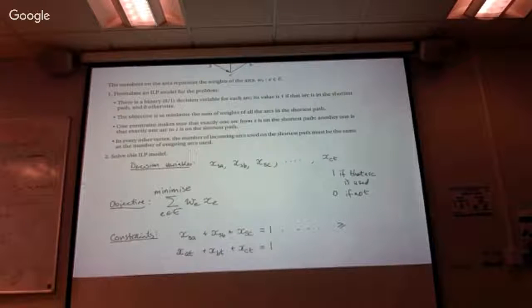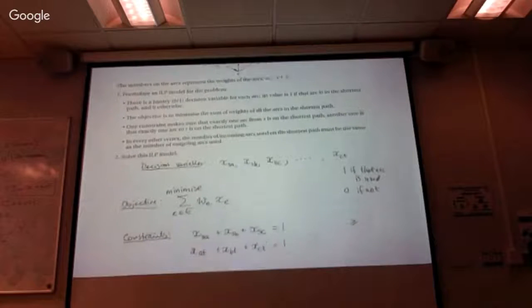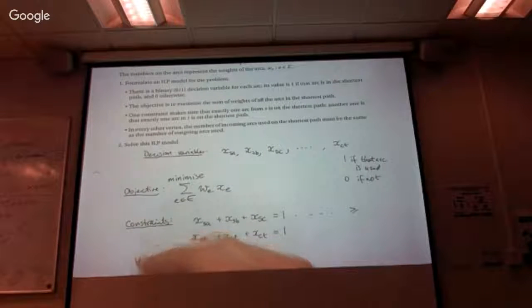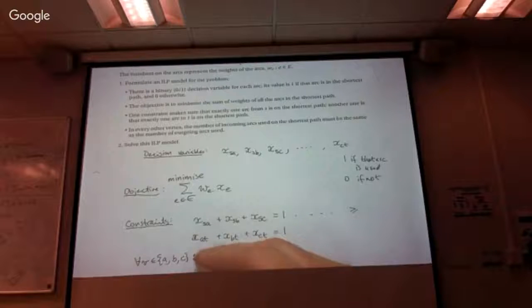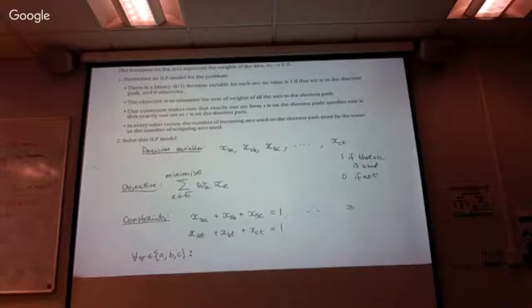So you don't suddenly appear in some vertex, and you don't suddenly disappear in some vertex of A, B, C. So I'm going to write it for every vertex V among A, B, and C. When you add all the x's such that the arc is from something, what's a good letter for something?